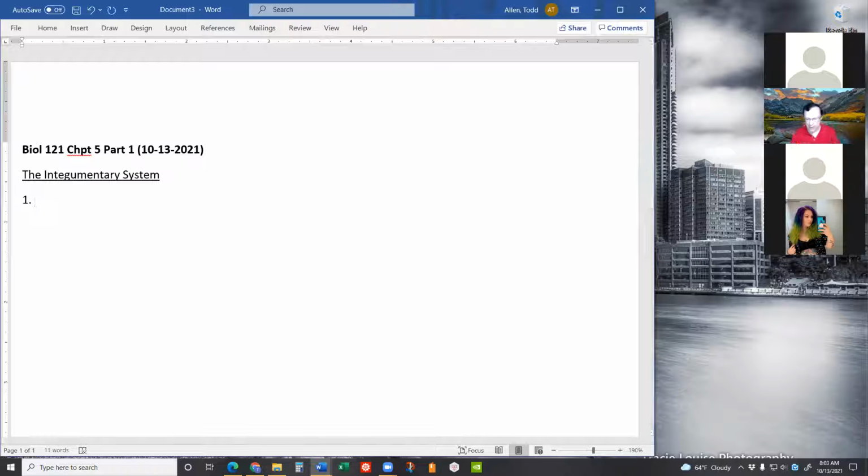Okay, so let's define what we mean by the integumentary system. What is the integumentary system made of? It is composed of skin. When people think about the integumentary system, they almost always think of the skin, and that's a reasonable thing.